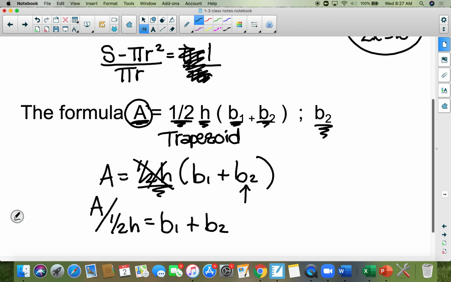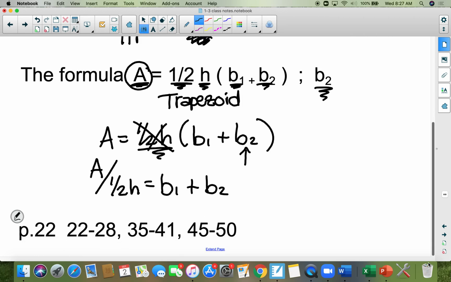All I did was divide both sides by 1/2 of an h. Now I'm still trying to get b2 alone, and how do I get b2 alone? I subtract b1, so it's A divided by 1/2 h minus b1 equals b2.